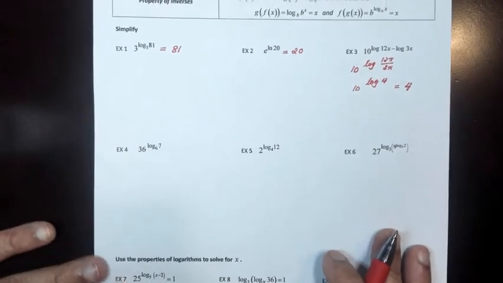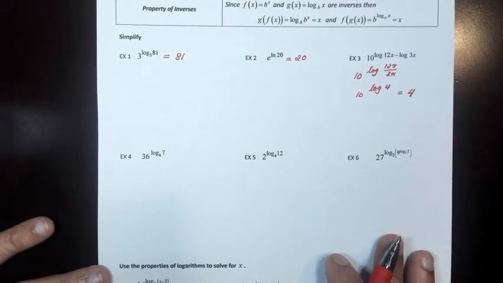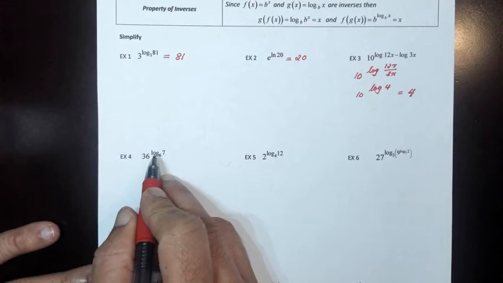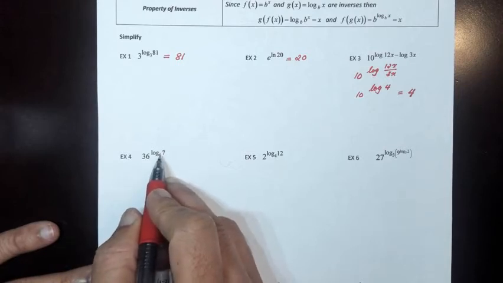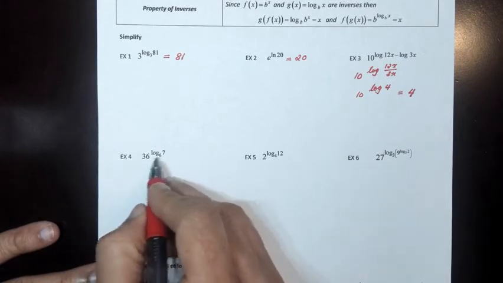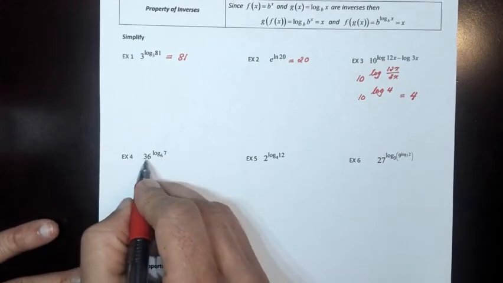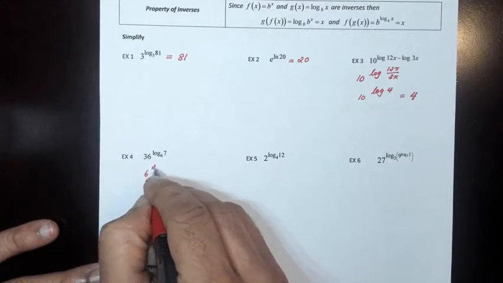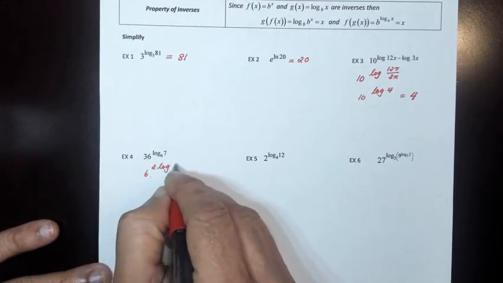Okay, so we have some other formats here. You can see that is 36 to the power of log 7 to the base of 6. We have to have these two bases same. We can simply make it by rewriting 36 into 6 squared and copy everything else.